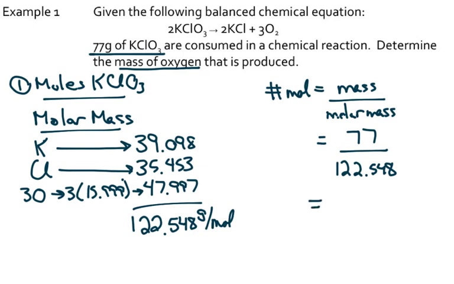Put that into a calculator and we get 0.6283 moles of KClO3. And I'm being very specific that it's moles of KClO3 because in the next step we're going to determine how many moles of oxygen will actually be produced by this. So it is important to distinguish which substance we have the number of moles of.